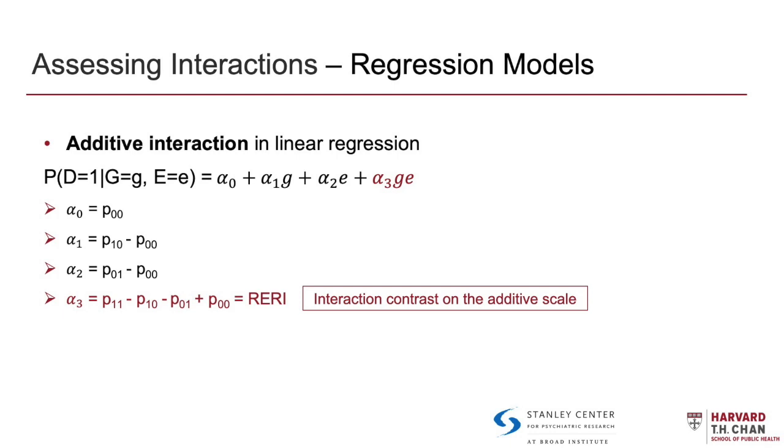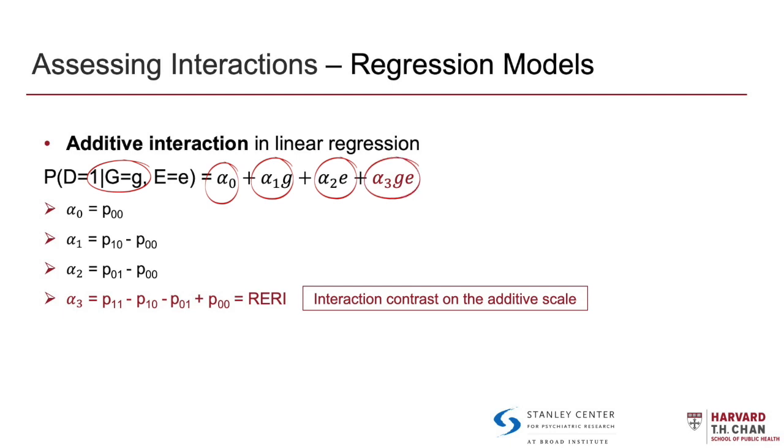So if we look at a linear regression model where we have the probability of a disease in the presence of a genetic risk factor G and the environmental risk factor E, we would write this as alpha, which is the intercept, and then the genetic risk factor, the environmental risk factor, and the presence of both.